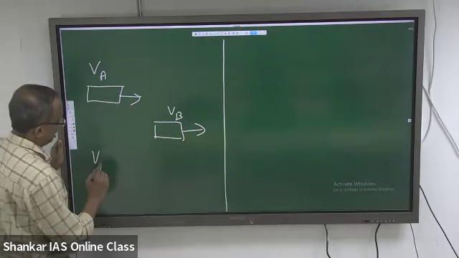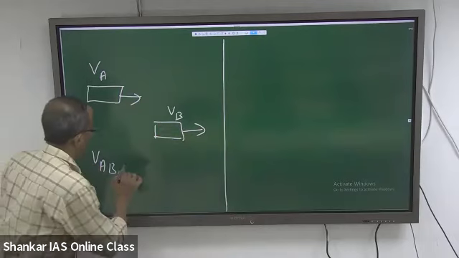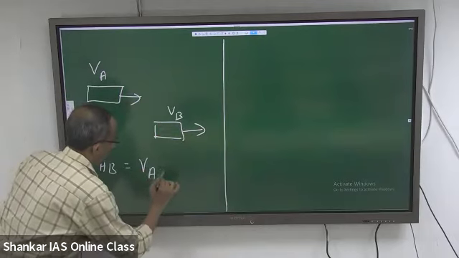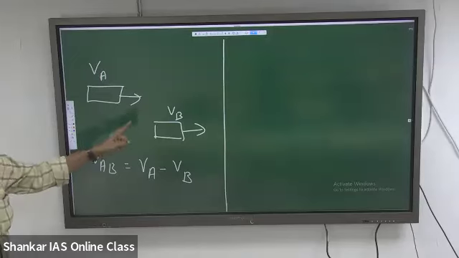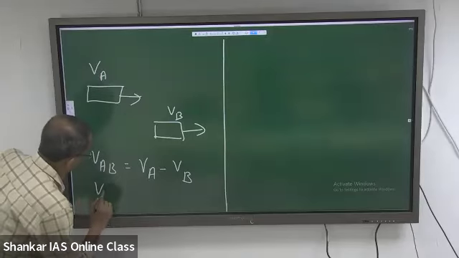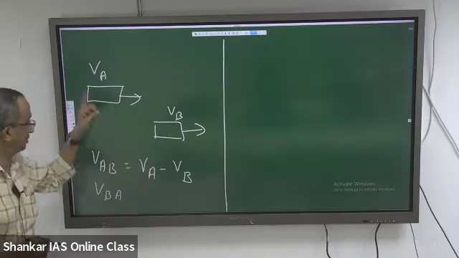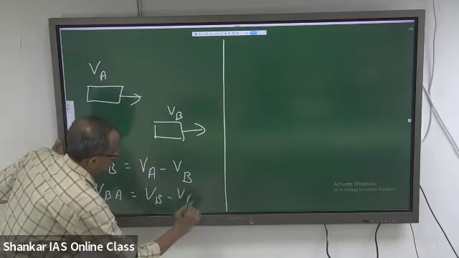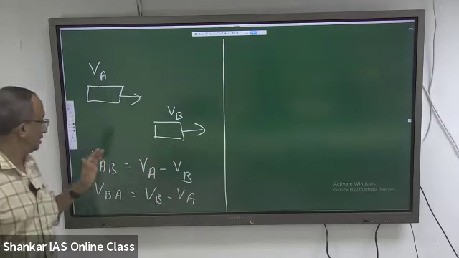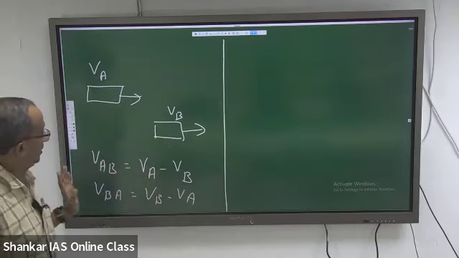VAB means relative velocity of A with respect to B, which will be equal to VA minus VB. VBA means relative velocity of B with respect to A. VBA equals VB minus VA.